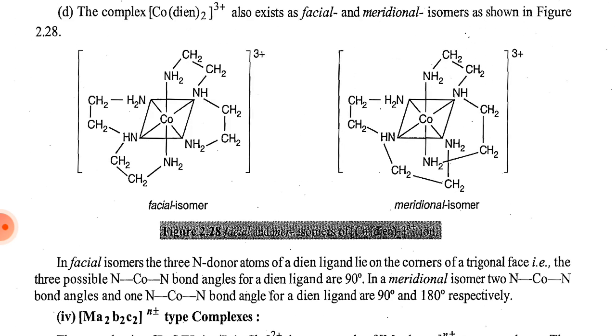In the facial isomer, the three N atoms of the dien ligand lie on the corners of a trigonal face. That is, the three possible N-Co-N bond angles for the dien ligand are 90 degrees. In the meridional isomer, one N-Co-N bond angle for the dien ligand is 90 degrees, and the other is 180 degrees.